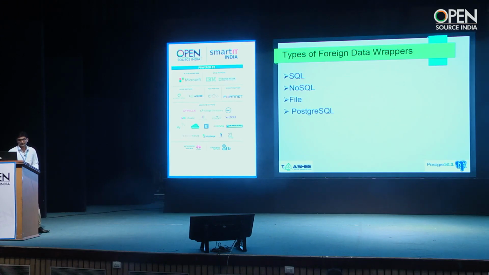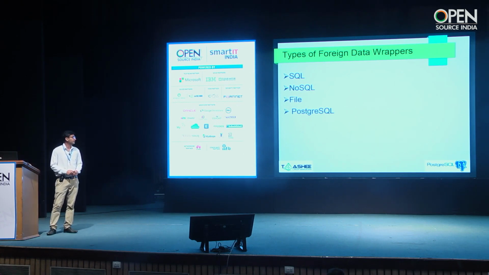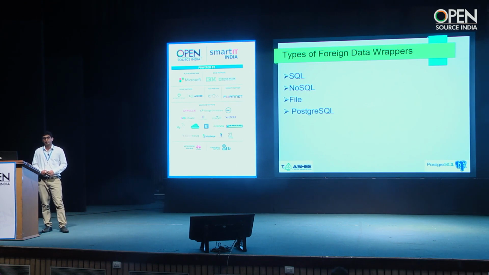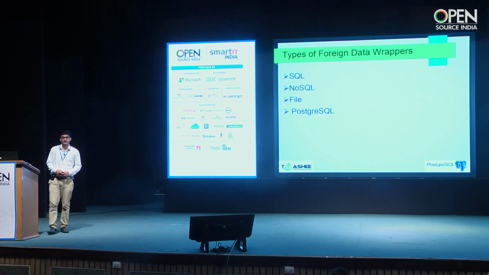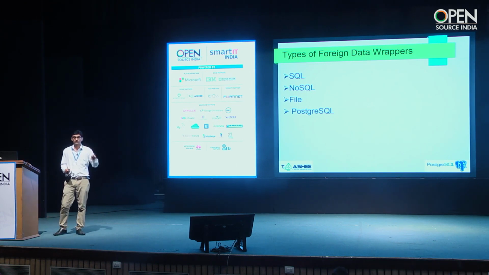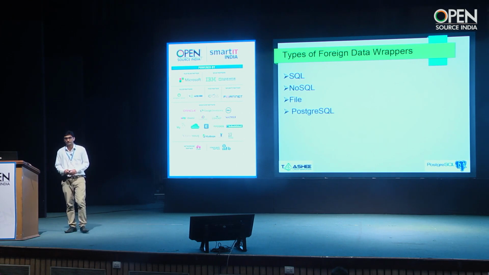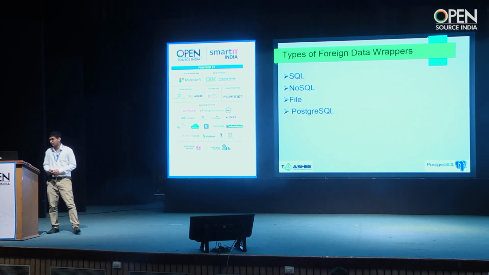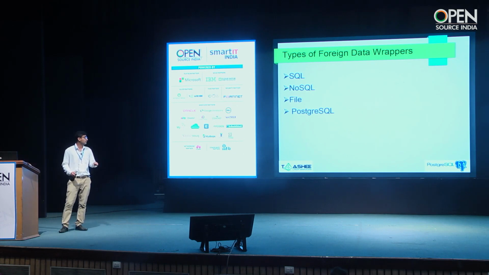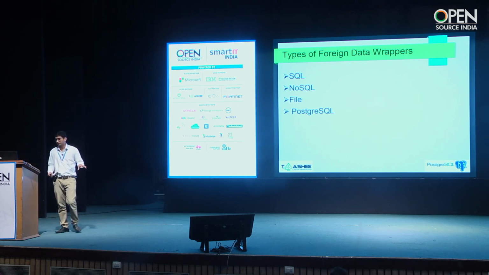So moving on, these are all the types of foreign data wrappers we have in Postgres, which includes SQL types. SQL types basically are talking to MySQL, talking to Oracle, talking to your Microsoft SQL Server, and so on. In NoSQL databases, you can talk to MongoDB, you can even talk to HBase, and so on.